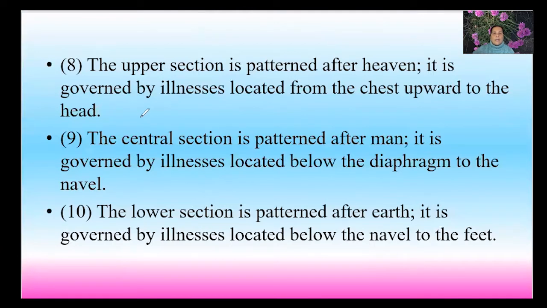Then the explanation of the relationship with the unit. Upper section: that's a relationship with the heaven. So that's the unit relationship in the upper jiao, the chest, and basically from the chest to the head.